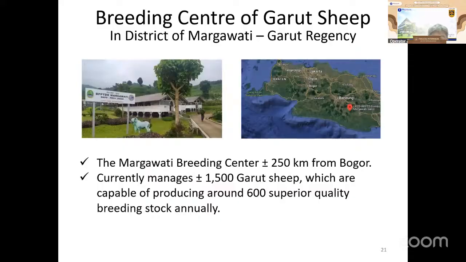Now we come to the Garut Sheep Breeding Center. It is located in the district of Margawati in Garut Regency. It is about 250 kilometers from Bogor, where IPB University is located. The center currently manages about 1,500 Garut sheep, which are capable of producing around 600 superior quality breeding stock annually.